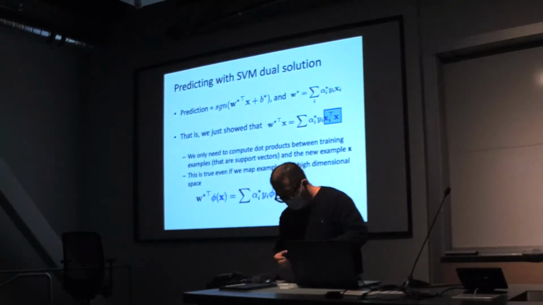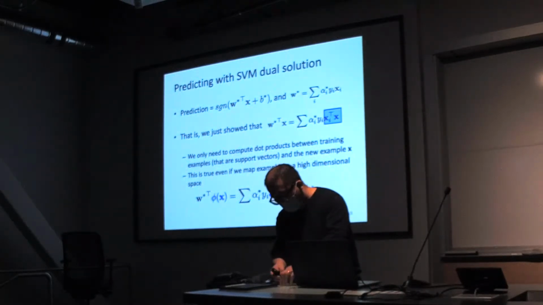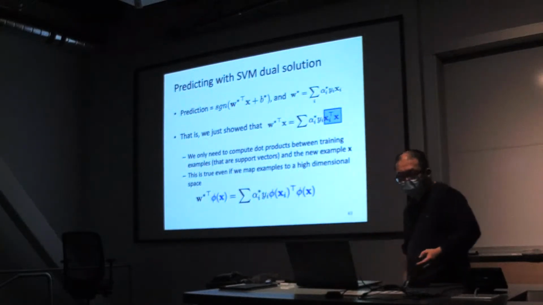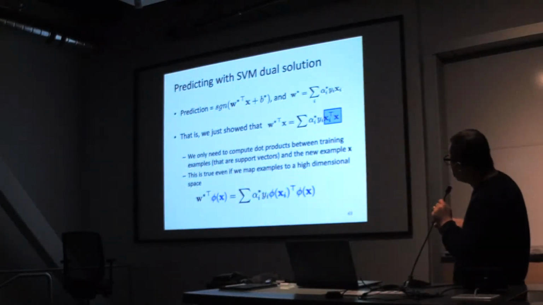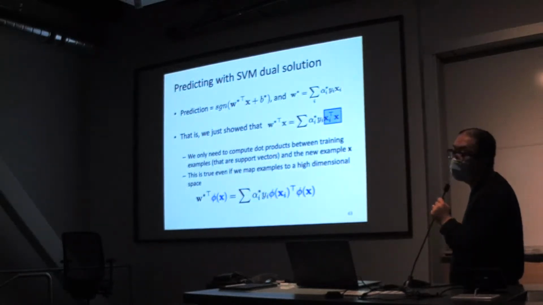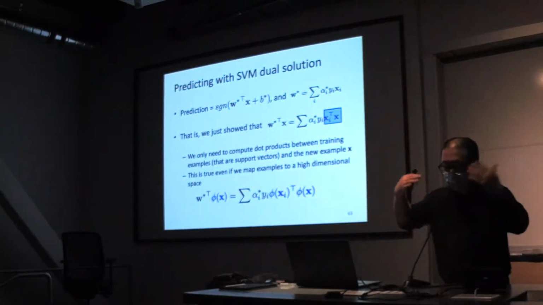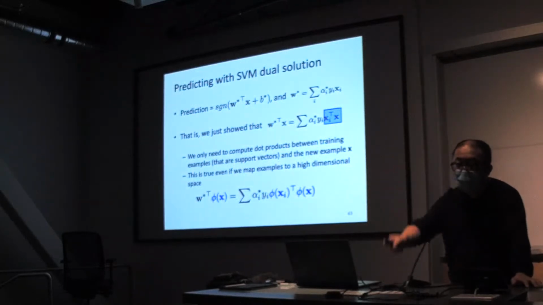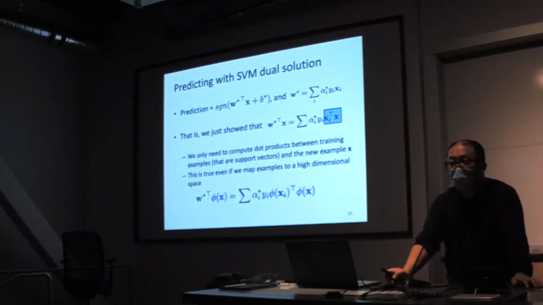So each training input or test input is first mapped into a new feature space by this mapping phi. You can imagine you train a new classifier in the new feature space. You get a hyperplane there, you get a weight vector.